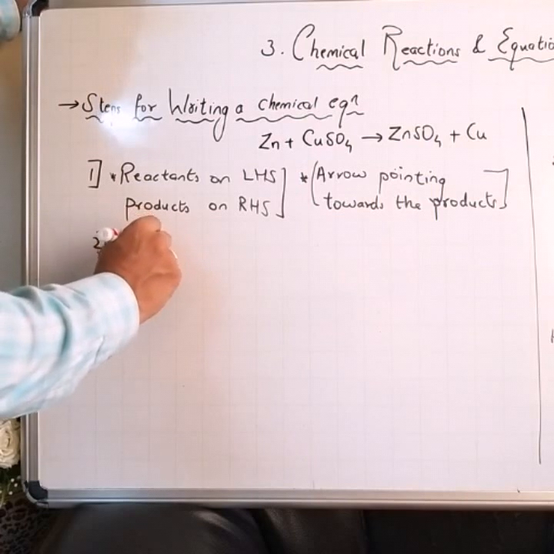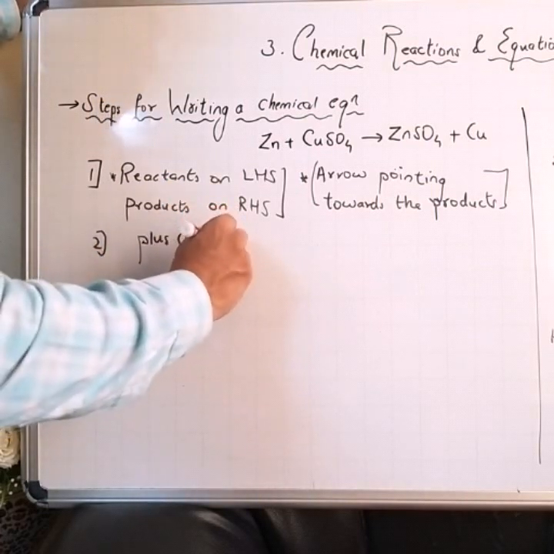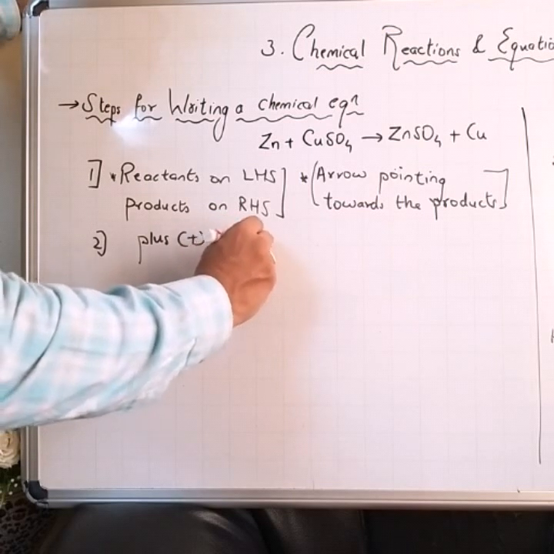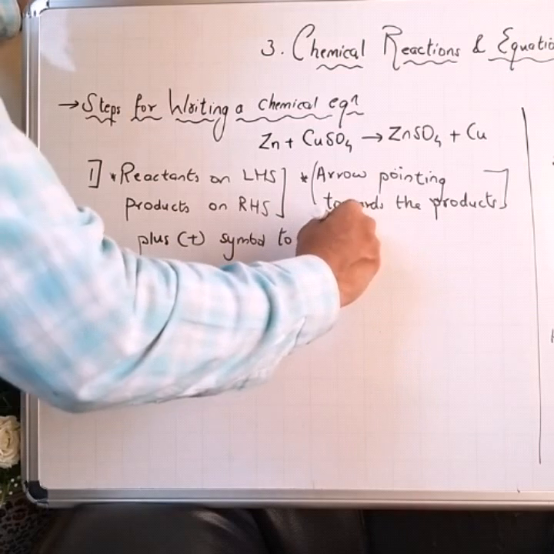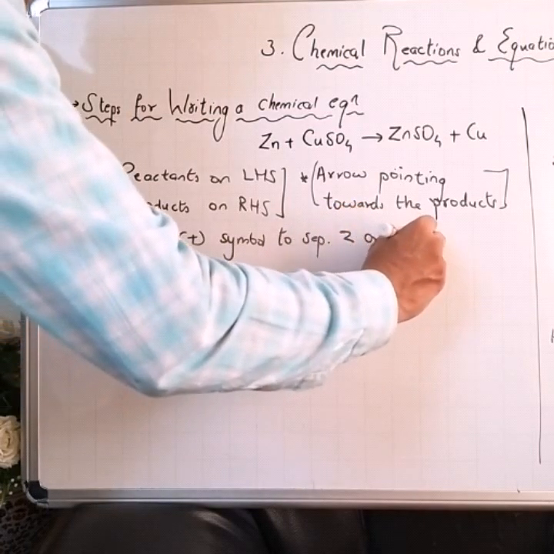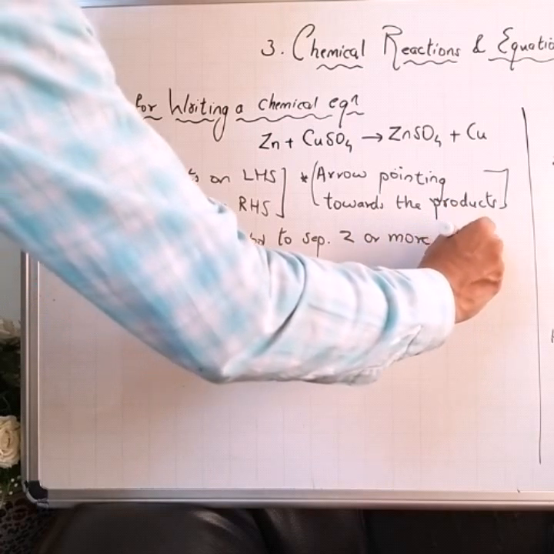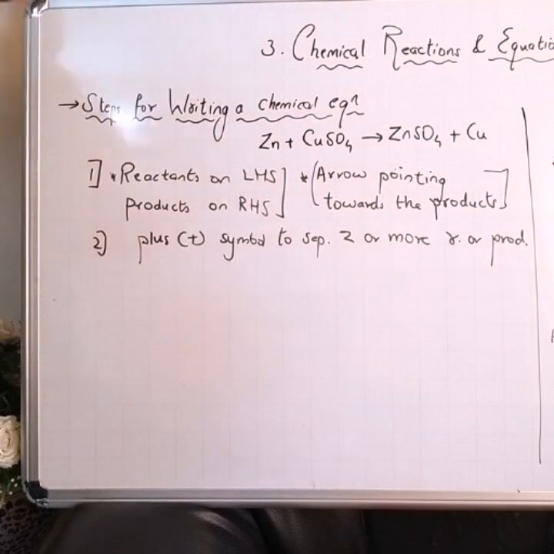A plus sign. Okay, the plus symbol is used to separate 2 or more reactants or products. Okay, that's the second step.